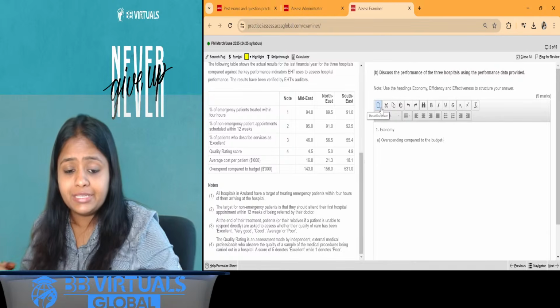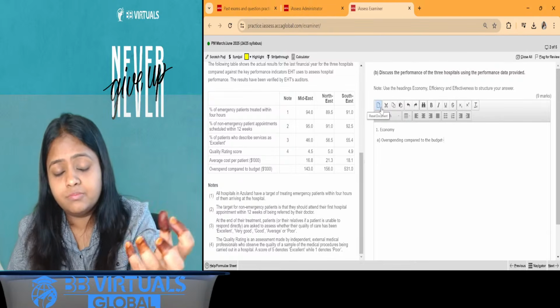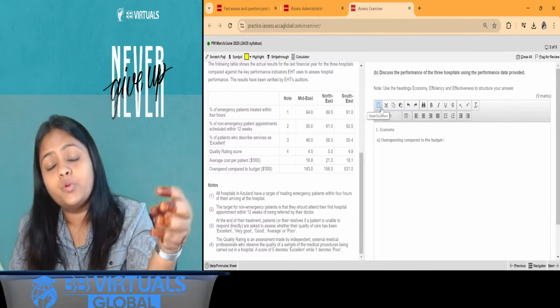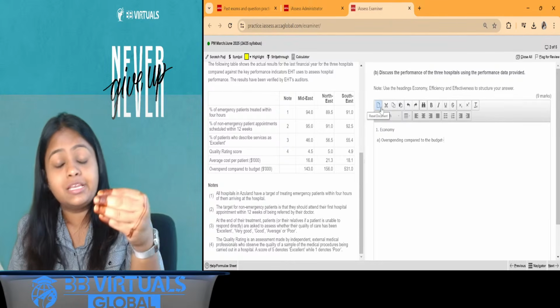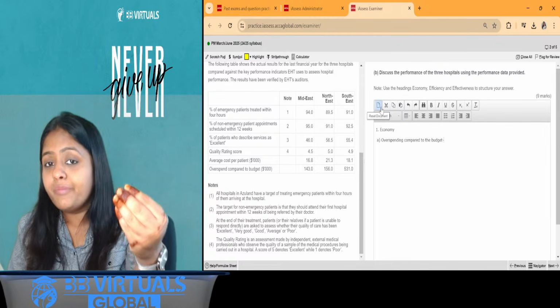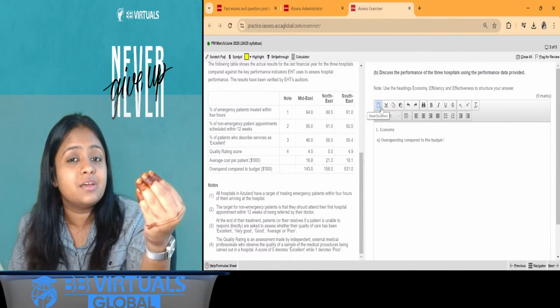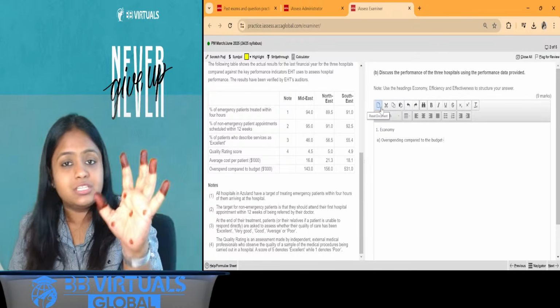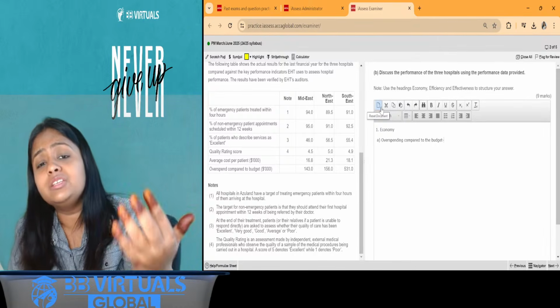We can share that in the case study, the hospital's expenditure, which is more than the budget, could certainly be used as a factor, as a basis of measurement of performance against the economy measure. Correct? This you can write as an introduction, then just comment on it.